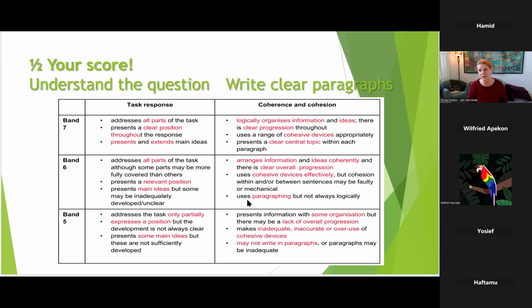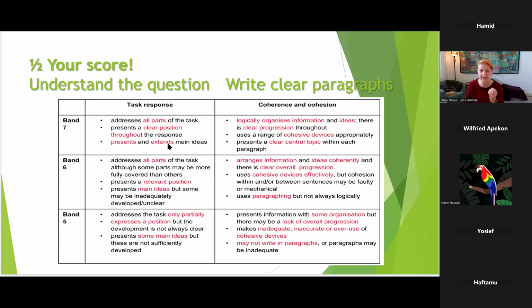Band 7. I know you guys can do this. These two are the easy part. Doesn't matter where your grammar level is, you can still raise these 2 marks as high as a 7. That's by analyzing the questions so that you are addressing all parts of the task with a clear position. You've made your statement and supported it throughout the response.